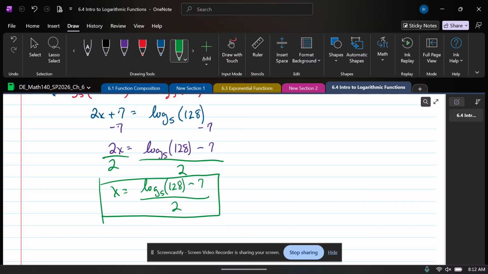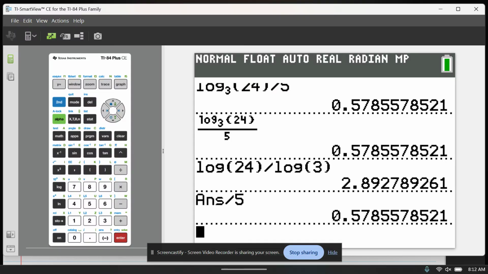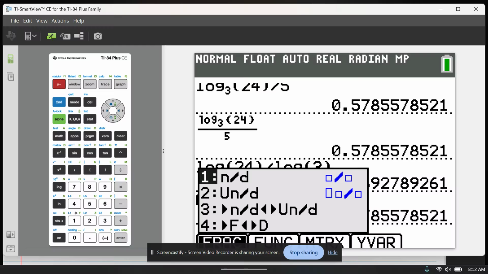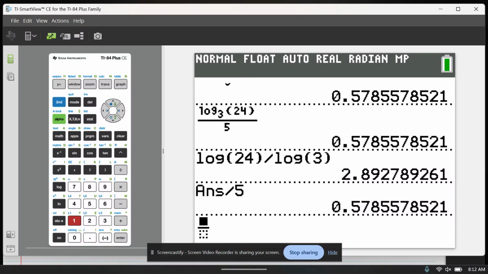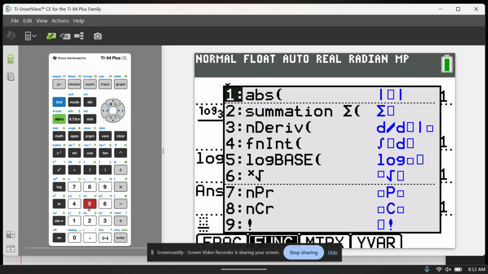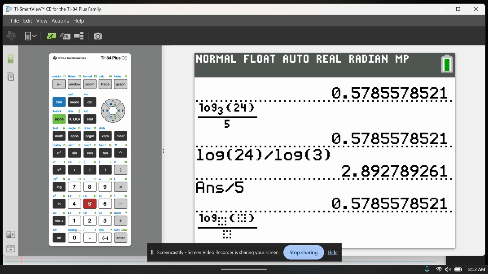Now we want to get the decimal approximation for that. Go to 3 decimal places. So when it's one that's more complex looking like this one, that's where I use the fraction button more often. So alpha y equals, get the fraction thing going. And then I'm doing log base 5. So alpha window to get my log base. Log base 5, 128.